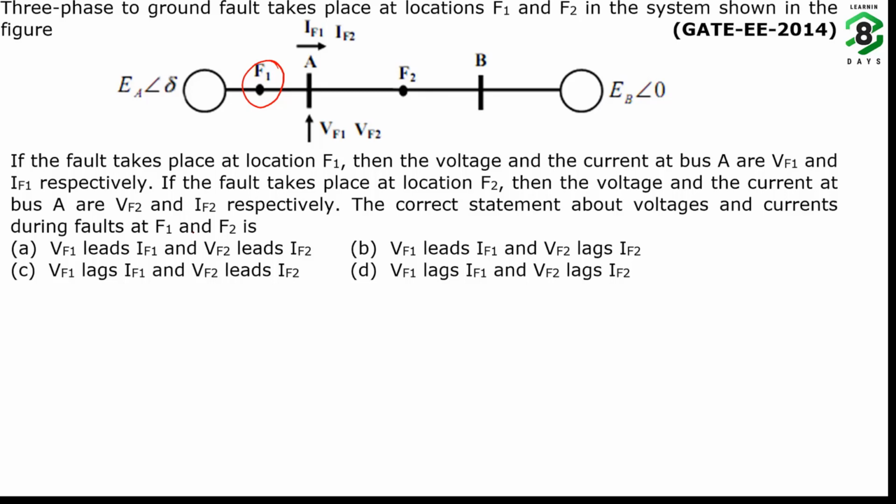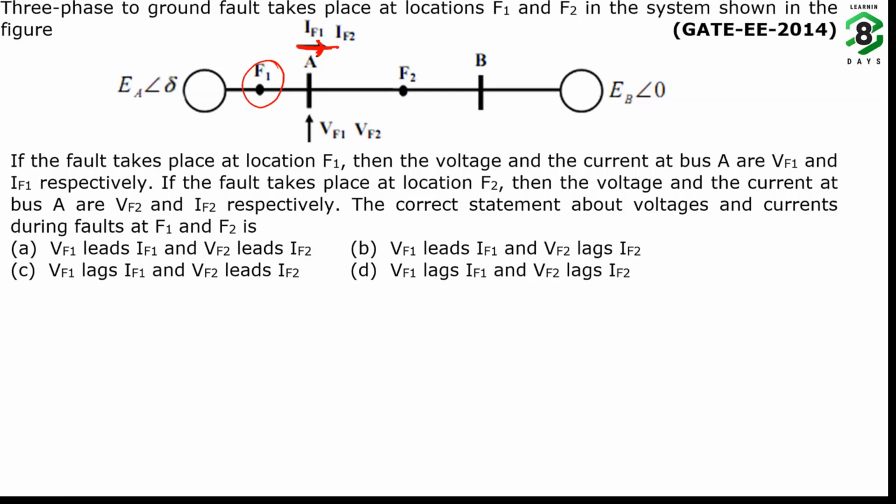You have to understand the philosophy here. Here he has mentioned the current flowing through bus A is IF1 in this direction. He has even mentioned the direction. See, any current definition is complete once you define its magnitude and direction. If you simply say current IF1 is flowing at bus A without specifying direction, then the description is incomplete.